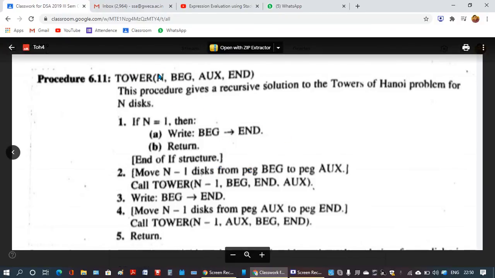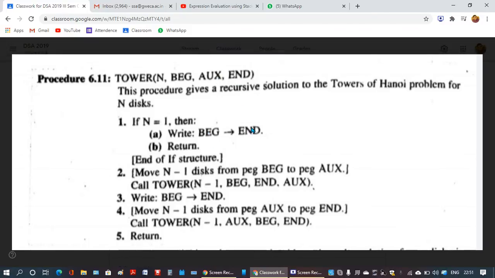So this says that there is a Tower of Hanoi problem, Tower. It takes n disks. So the problem is for n disks, begin and end. This is source and destination, and this is the auxiliary peg. Now, if n becomes 1, then whatever the values of begin and end, it will be printed.